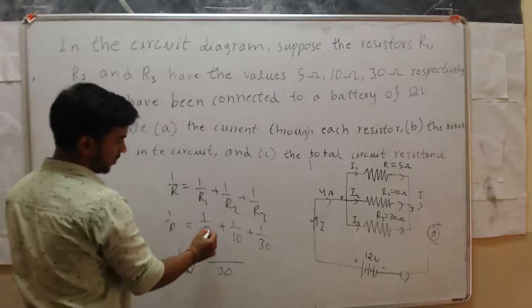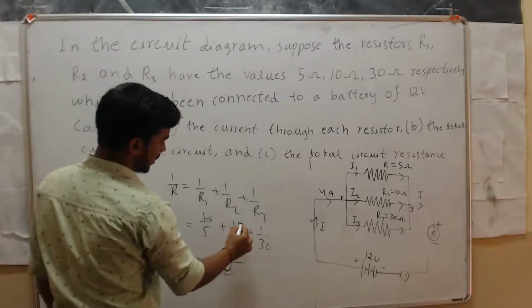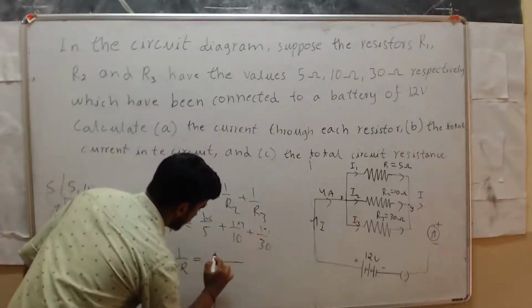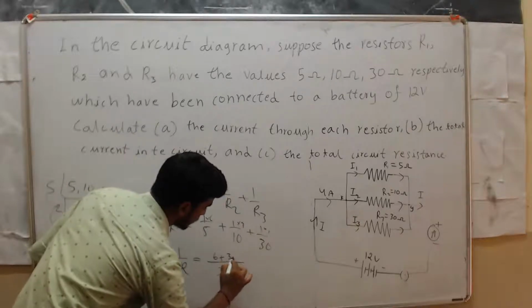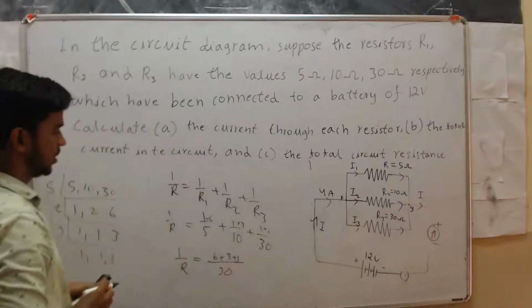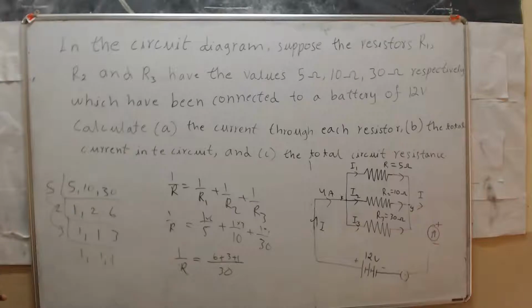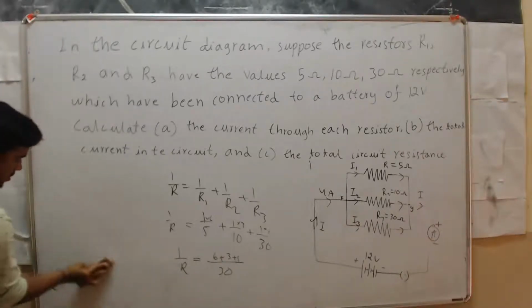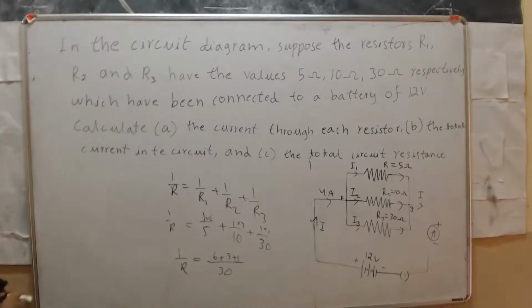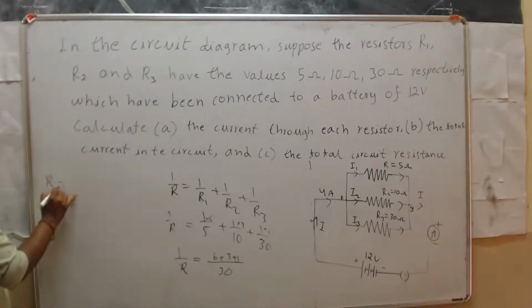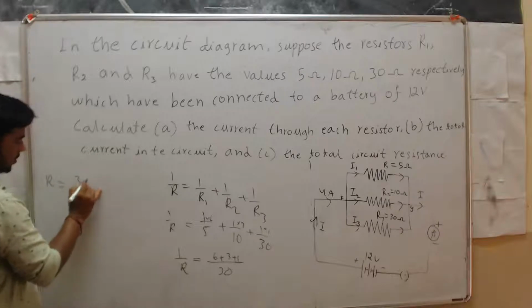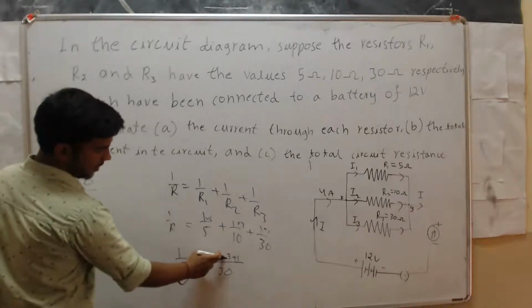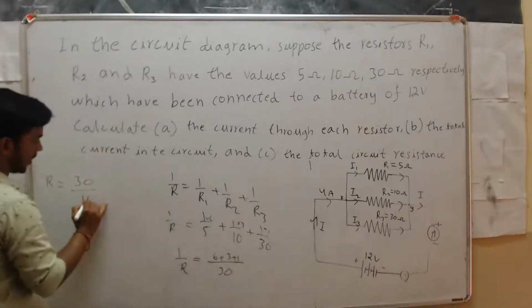Okay. Next here you have to multiply by 6 here, and here by 3, and here by 1. It is 6 plus 3 plus 1. Okay. We need R, right? So take the reciprocal. So R is equal to 30 by 6 plus 3, 9, plus 1, that is 10.